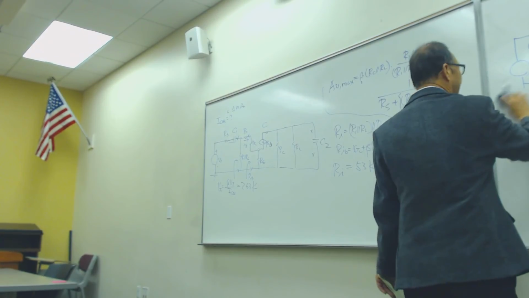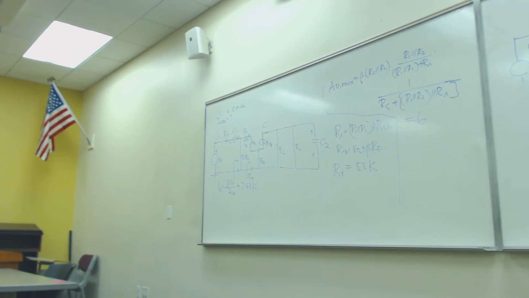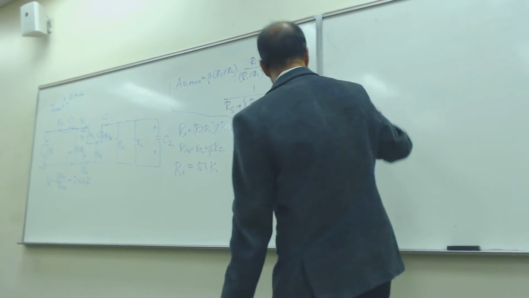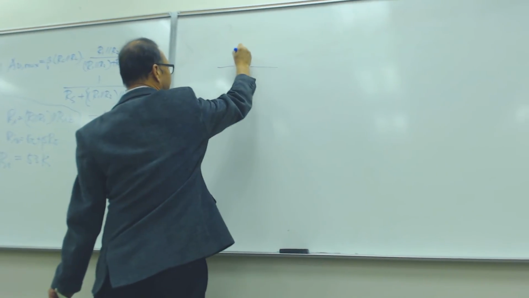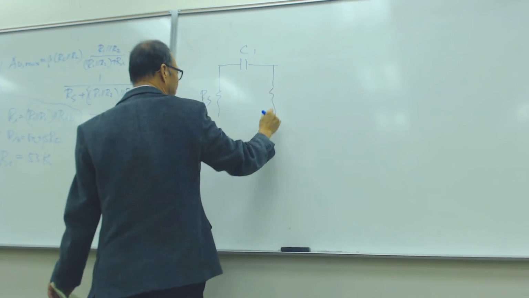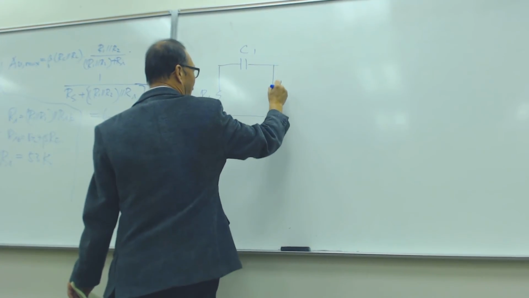Now we have to find the two corner frequencies, correct? If you look at C1, on one side you have R sub S, on the other side what do you have? R sub I, correct?